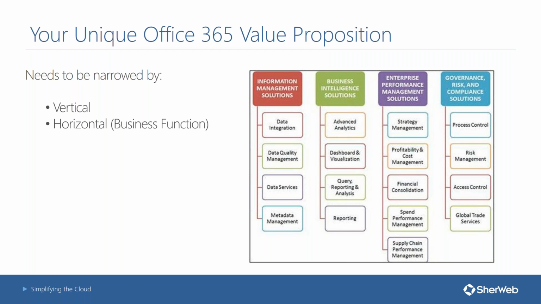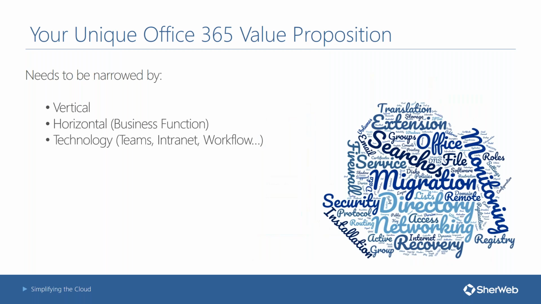There's all kinds of specific horizontals that you can do. Then specialization and technology. Some MSPs are specialized in search, others in monitoring, security, networking. There's a lot of different technology that you can focus on.